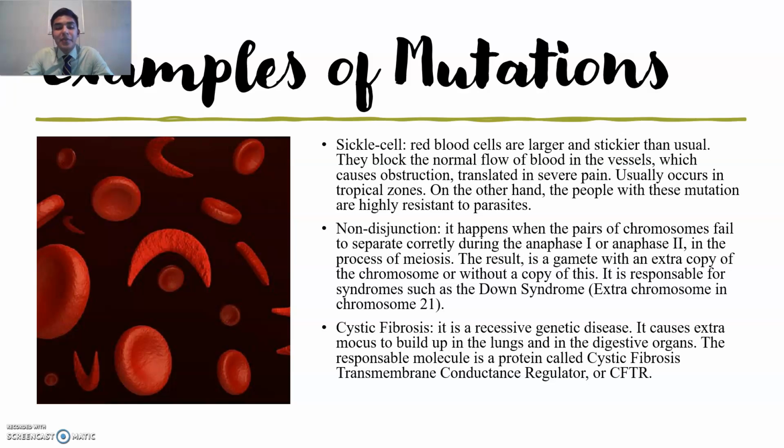And this is another example of a very harmful mutation. So one more time, this can shorten the lifetime of a person when the symptoms are too severe and the mucus in the lungs is building up way too much. It is going to cause a person to have a lot of problems when breathing.